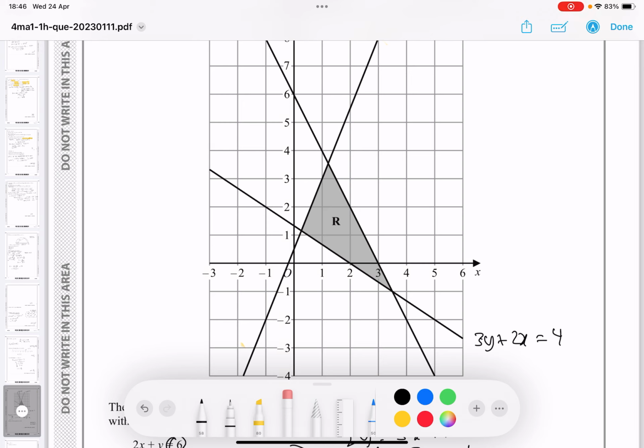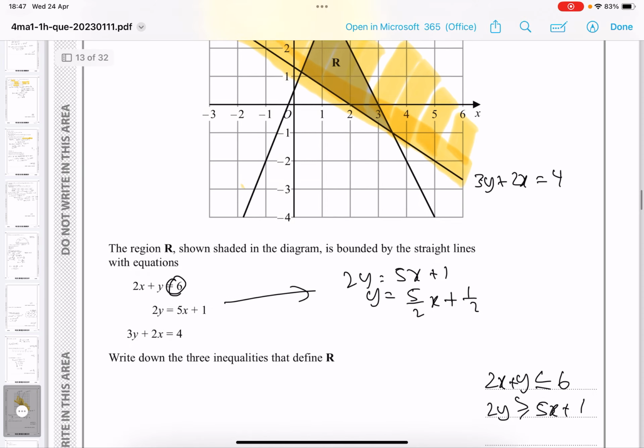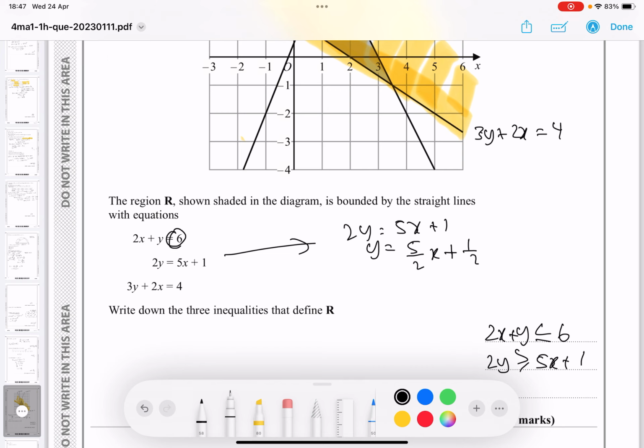Again, similar to the previous one. So region R is here, to the right of the line 3y plus 2x equals 4. So that means it's going to be greater than. So 3y plus 2x is going to be greater than or equal to 4. Okay? Okay, let's move on.